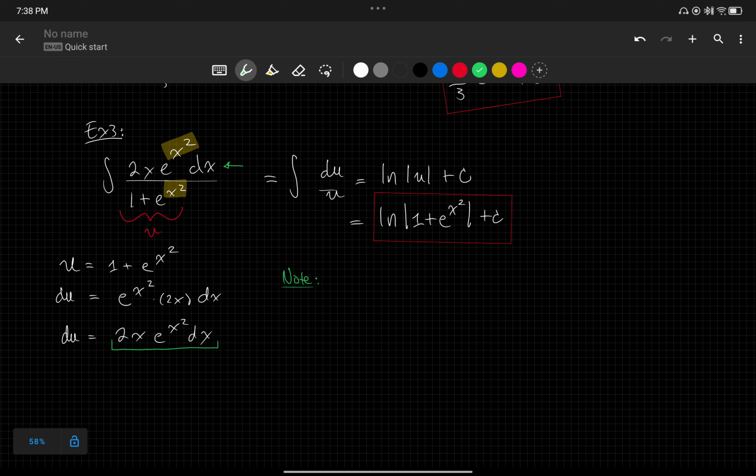If you forgot that this is a special case, this 1 over u du, because that's technically what we have over here, is the same thing as du over u. And if you forget that this is a special case, this is a formula that is the natural log. If you try it the other way, you're going to run into issues, right?